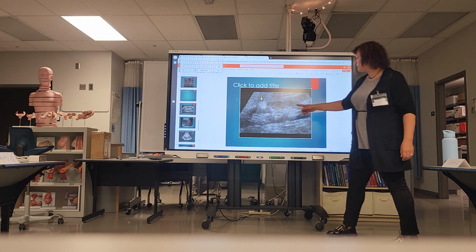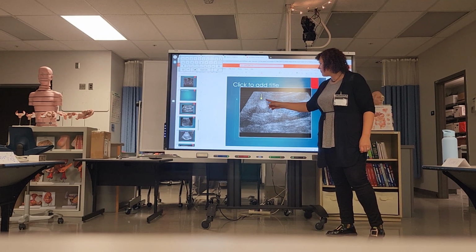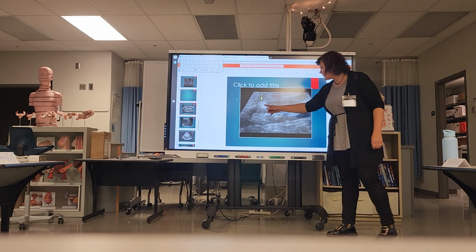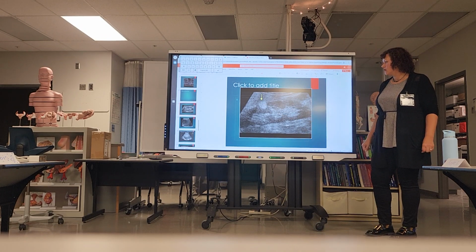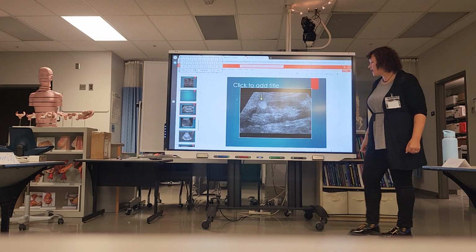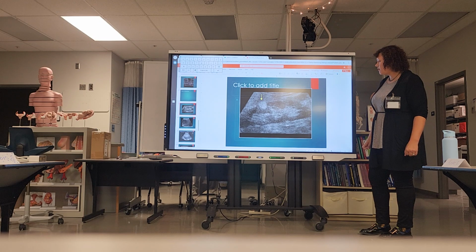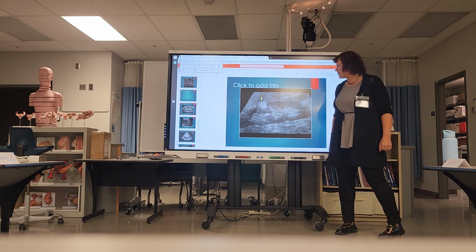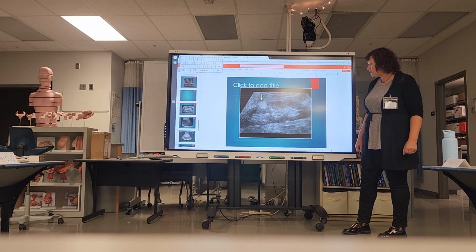Okay, so how would we describe the echogenicity of this mass right here? Hyperechoic. Hyperechoic or echogenic. Good. What about the borders? Well defined. Yeah, they're pretty well defined. Is it a solid or is it cystic? Solid. Good.